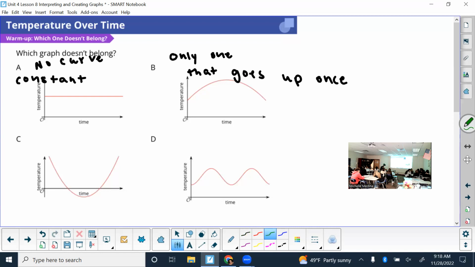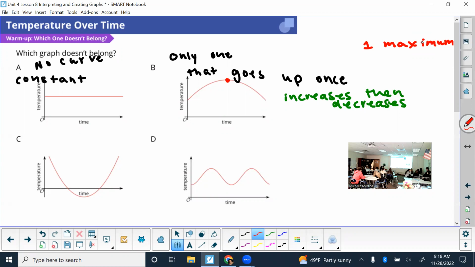It increases, then decreases. Wouldn't you say that's true? Any other math words you can think of? All right, well, here's one that the book says that you should also be acquainted with. It's the only one that has one maximum. So it has just the one maximum, is another reason it doesn't belong.